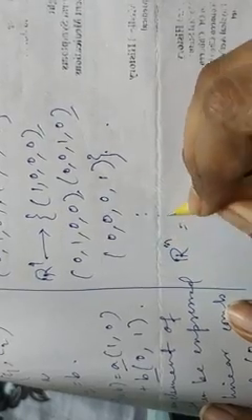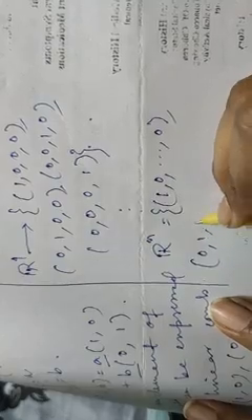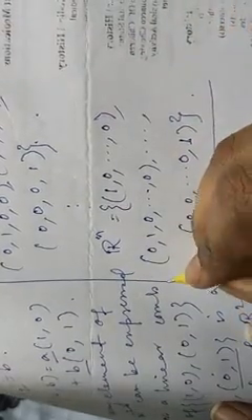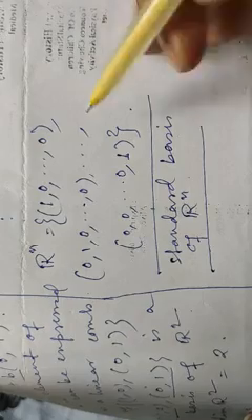Similarly for R to the power n, it will be 1, then the remaining n minus 1 elements will be 0, next 0, 1, and all the remaining n minus 2 elements will be 0, and so on, the last element will be 0 repeated n minus 1 times, then 1. This is called the standard basis of R to the power n. So whenever anything is given like standard basis, we need to understand this one.